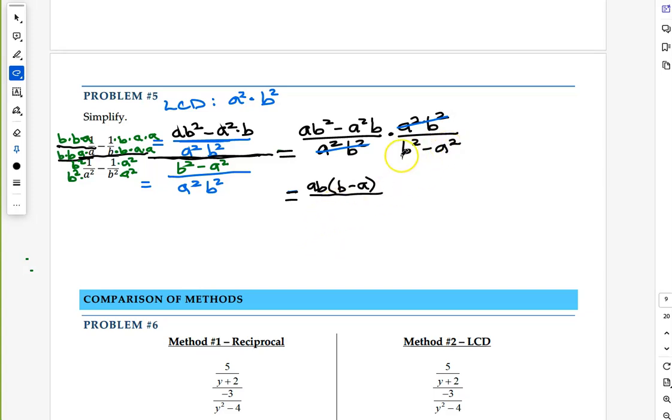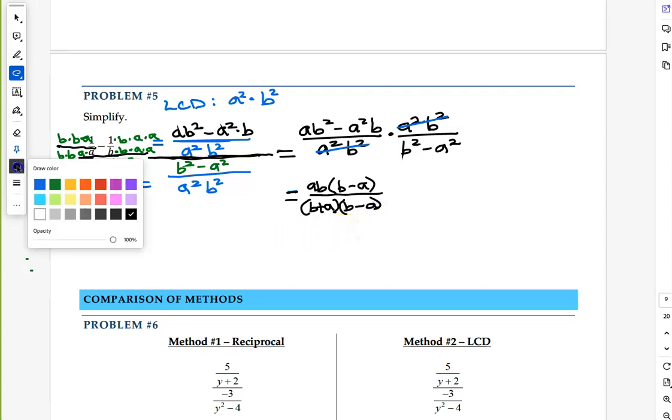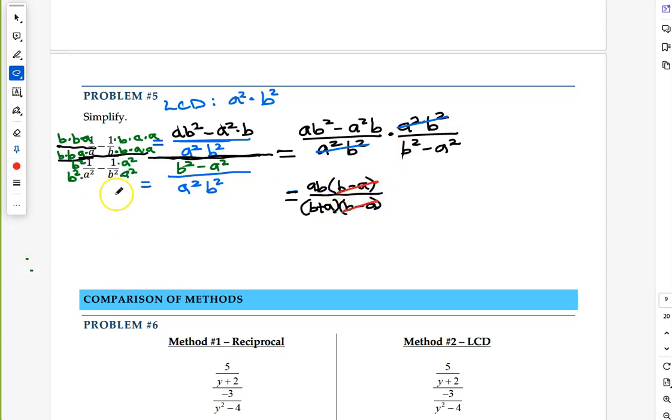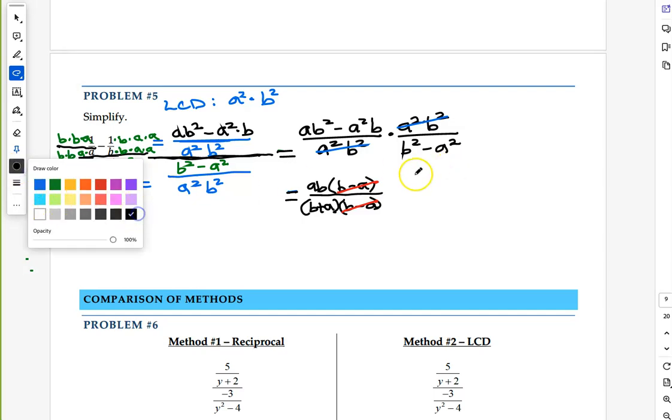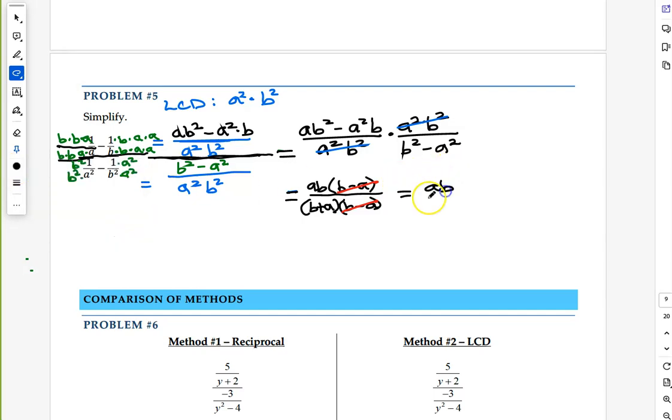Then on the bottom, I have b squared minus a squared. Well, that's a difference of squares. So I've got b plus a times b minus a. And then I see there is a common factor that I can divide out, which is this b minus a. And so then my answer is just ab on the top, b plus a on the bottom. That is the answer.